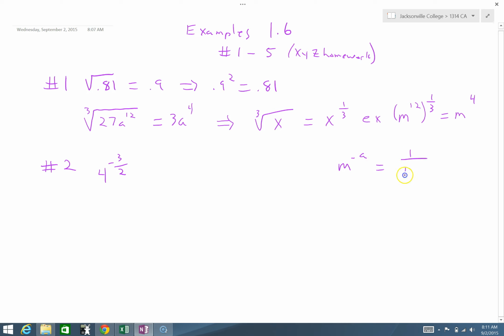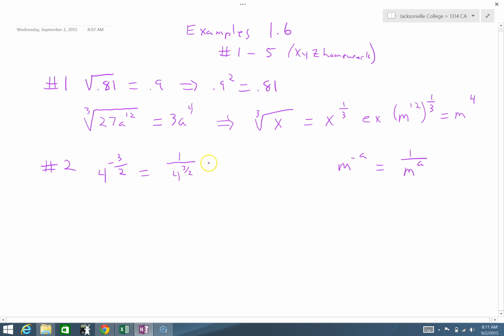It's 1 over m to the positive a. So anytime we have a negative exponent, if we are in the numerator, we'll write it in the denominator, or vice versa. So I will first begin by rewriting this as 1 over 4 to the 3/2.